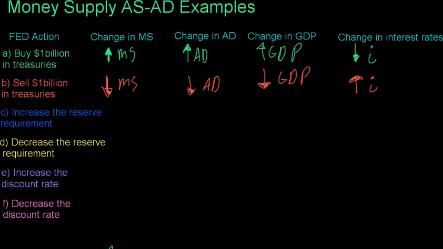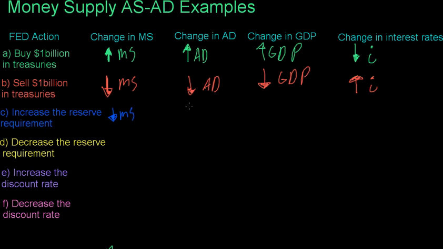Okay, so what about if it decides to increase the reserve requirement? Well, increasing the reserve requirement is going to lower the money supply because banks now have to hold more of their deposits on hand so they can loan out less. So this will decrease the money supply.